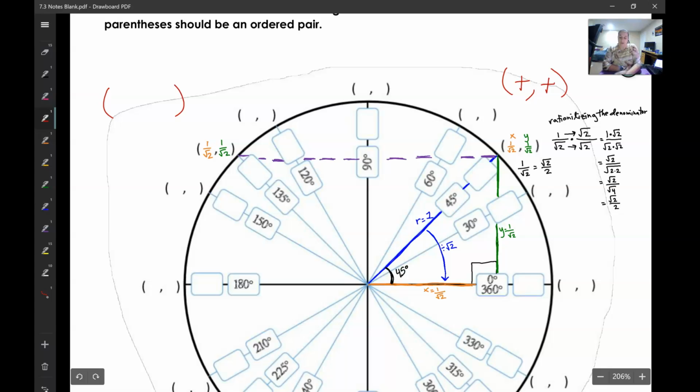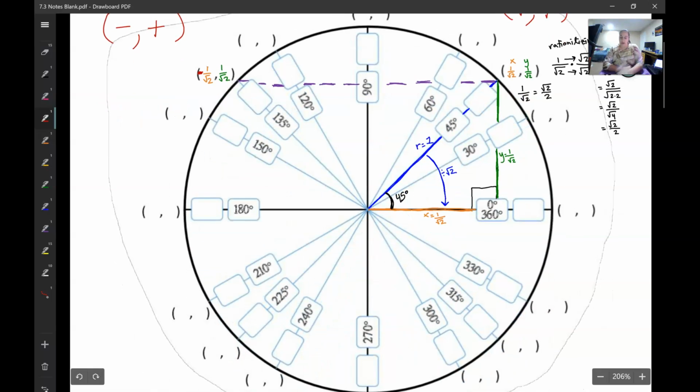In this quadrant, the x values are always negative and the y values are always positive. So all I'm going to do is go to the x value, the first one, and add a negative sign. And there we go.